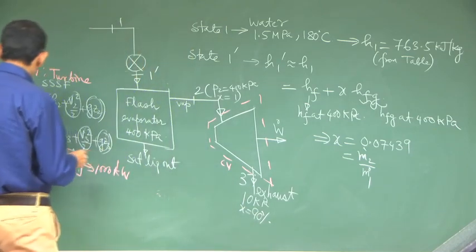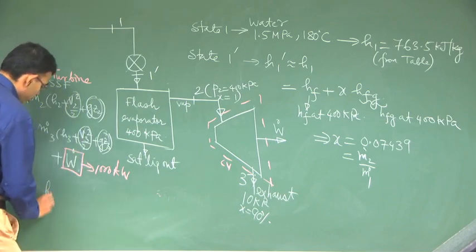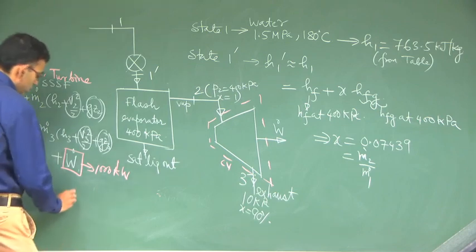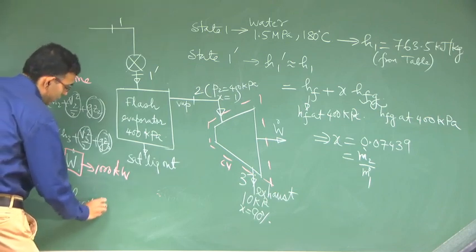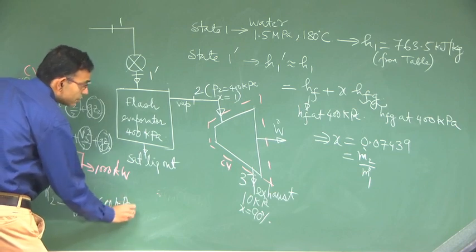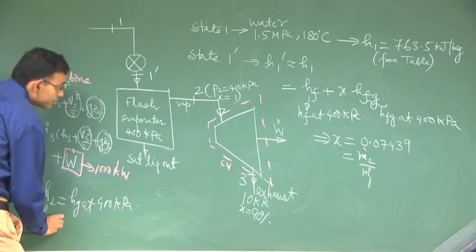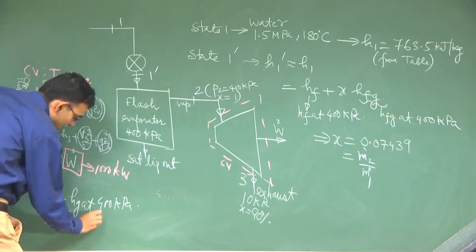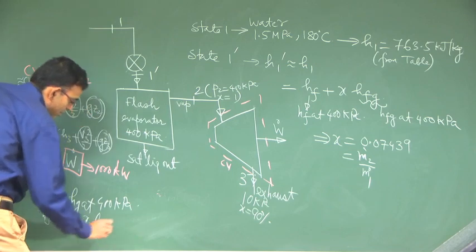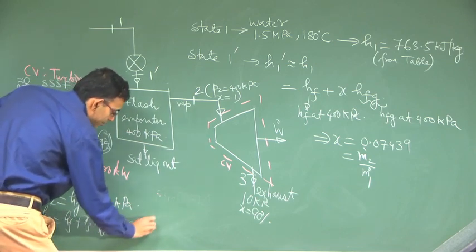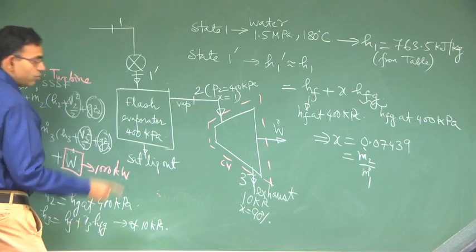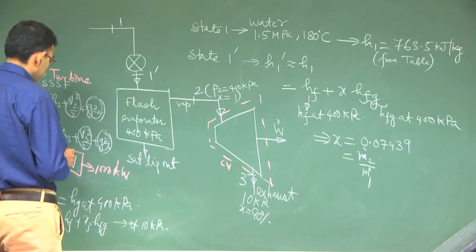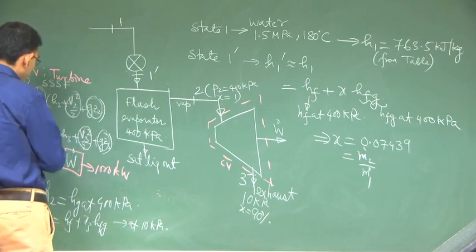So, you can calculate H2 is equal to Hg at 400 kilopascal, and H3 is equal to Hf plus x3 Hfg at 10 kPa with x equal to 0.9. So, you can get these, and m dot 2 and m dot 3 are the same.